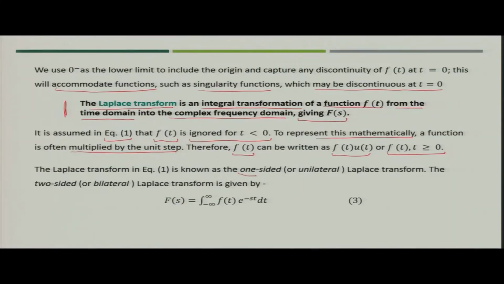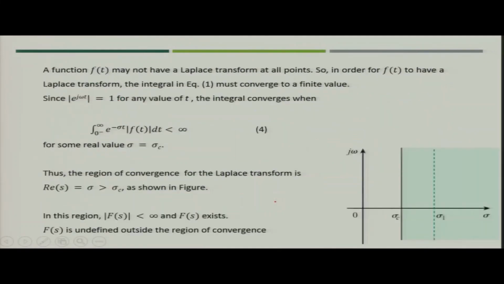Now, in this equation the integration starts from 0 minus to infinity. That means it is one sided, that is the unilateral Laplace transform. If you want both sides, that is the bilateral transform, you have to integrate from minus infinity to plus infinity. In that case F(s) would be the integration between minus infinity and infinity of f(t) e to the power minus st dt.